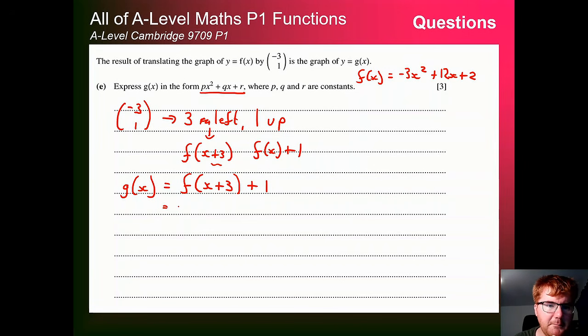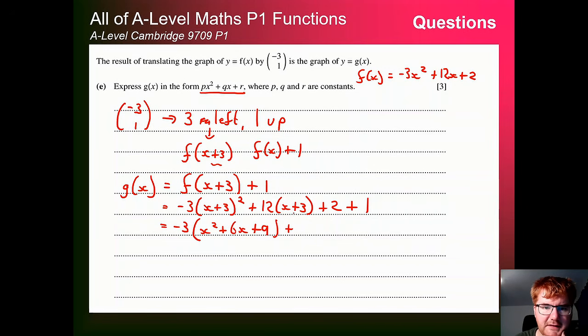So we get then minus 3 lots of x plus 3 all squared, plus 12 lots of x plus 3, plus 2 plus 1. Now we're going to do a little bit of expansion here. So here we get x squared plus 6x plus 9. Expand this bracket, 12x plus 36 plus 3.